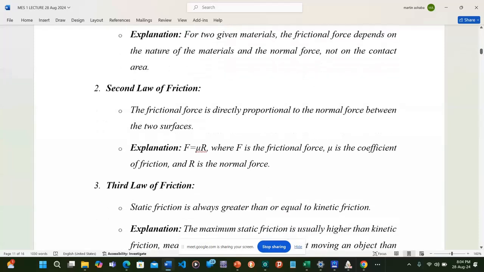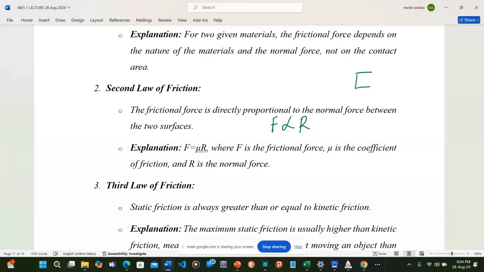Then the other point is that the frictional force is directly proportional to the normal force between two surfaces.